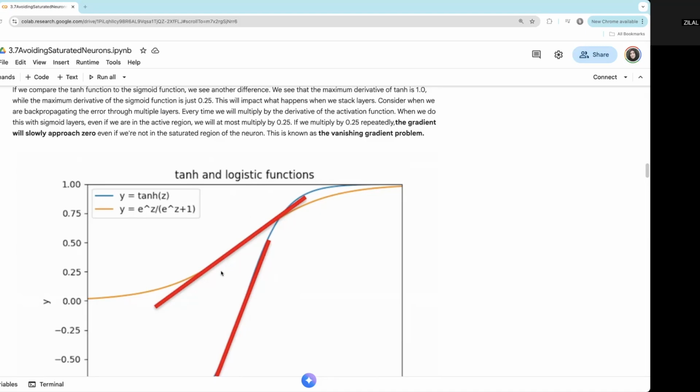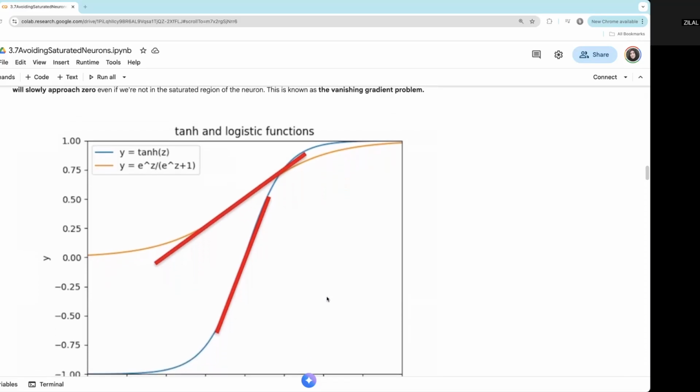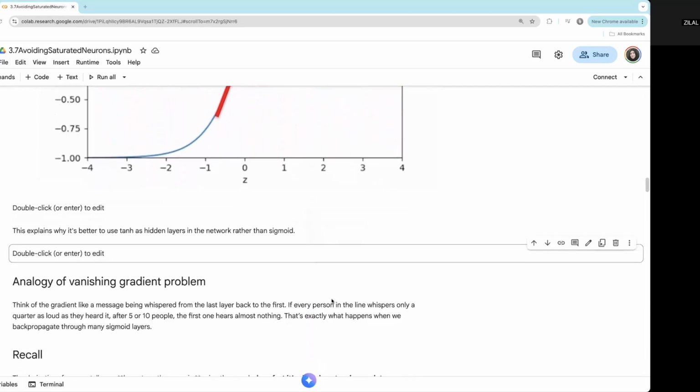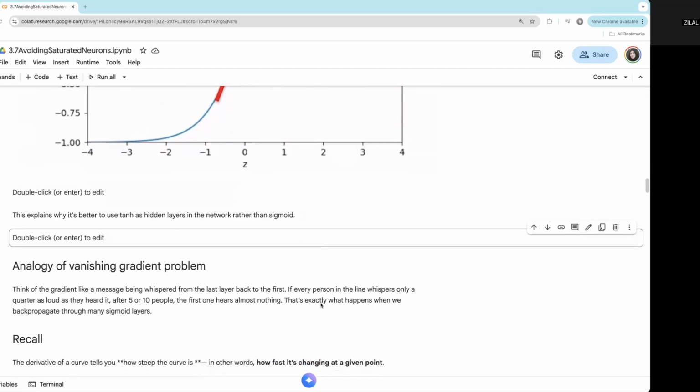Repeatedly, the gradient will slowly approach zero, even if we are not in the saturated regions of the neuron. This is known as the vanishing gradient problem. This explains why it's better to use tanh as hidden layers in the network rather than sigmoid.